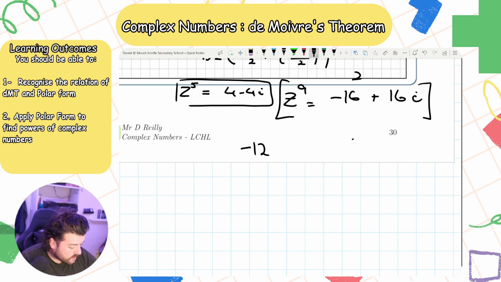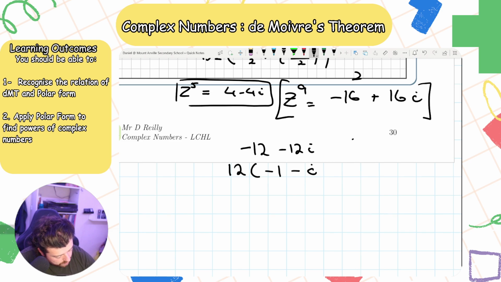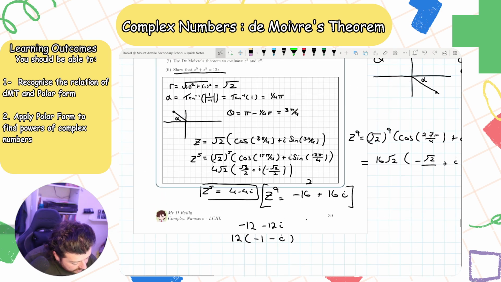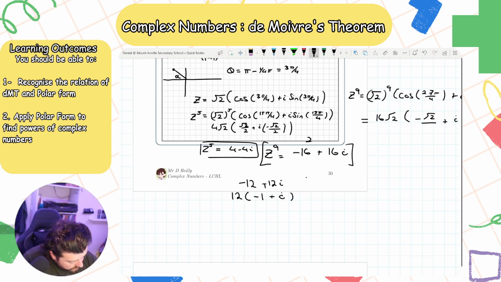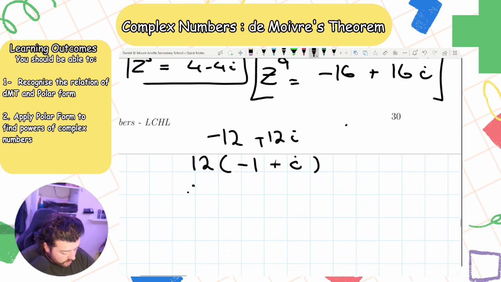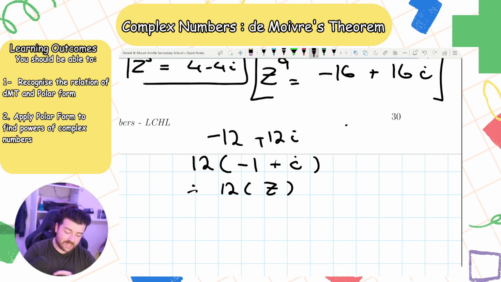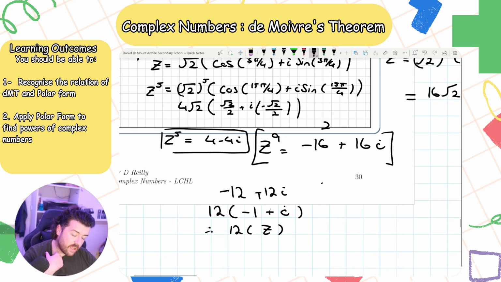Minus 4i plus 16i is just 12i. If I factor out a 12 here, I'm left with minus 1 plus i. 12 times minus 1 plus i, which is equal to 12 times my original complex number, z. And therefore I've proven z to the 5 plus z to the 9 is equal to 12 times z.